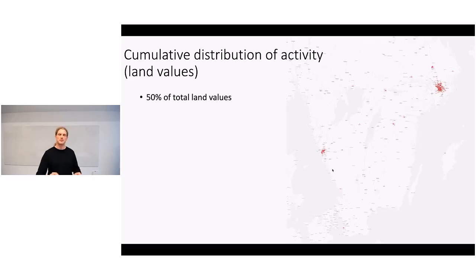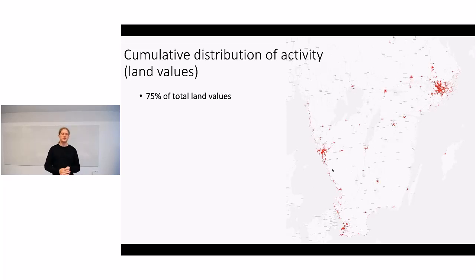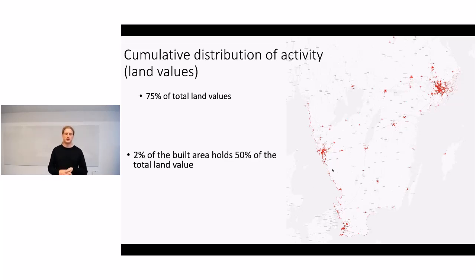And now a little bit more areas, there is 50% of the total land value in these small red areas. And here you got the 75% of the total land values are concentrated to these small areas. So 2% of the built area holds 50% of the total land value. That's a very uneven distribution.